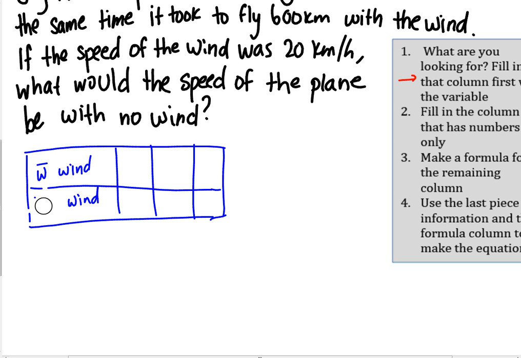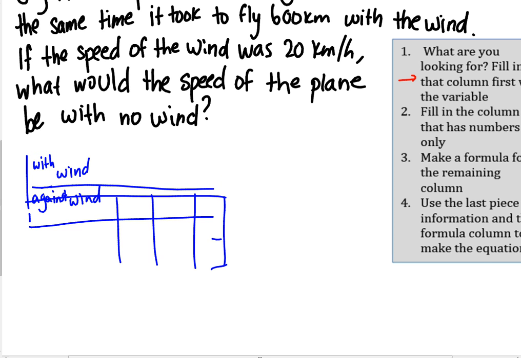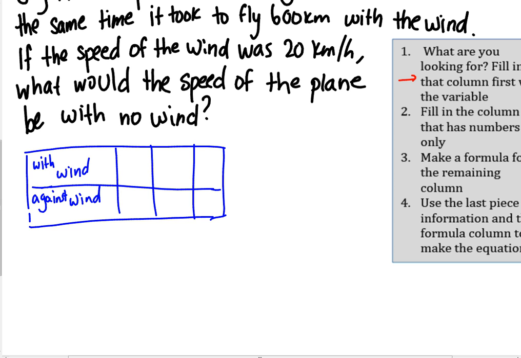It's with the wind and against the wind. Thank you. Sorry. With wind, against wind. That's what we want. You were right. I jumped too fast. Okay, distance, velocity, time.